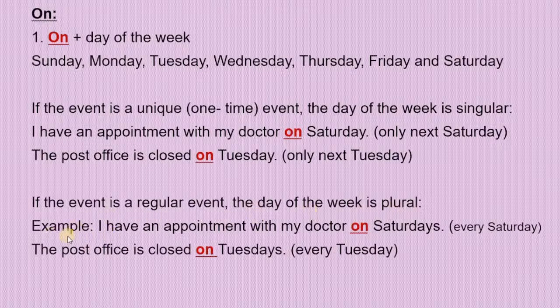Okay, guys, here, example, the same sentence. I have an appointment with my doctor on Saturdays. So you observe here, guys, on Saturday, only one-time event, only next Saturday. But this here, I have an appointment with my doctor on Saturdays.